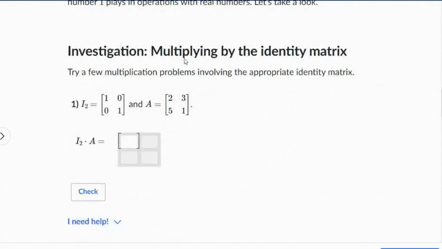So when you multiply by the identity matrix, this is going to be interesting. We're going to do this on paper to see what it means when we multiply by an identity matrix, because an identity matrix means something. It's a special kind of matrix. 1 0 0 1 times 2 3 5 1.